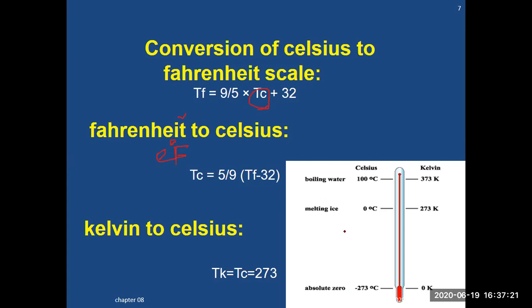So this is the formula used to convert one type of scale into another. You know the value of one temperature. If your body temperature is 37 degrees Celsius, you will put the value of 37 here. With simple mathematical steps, you will know the temperature in Fahrenheit. And the body temperature of a healthy person will be 98.6 degrees Fahrenheit.